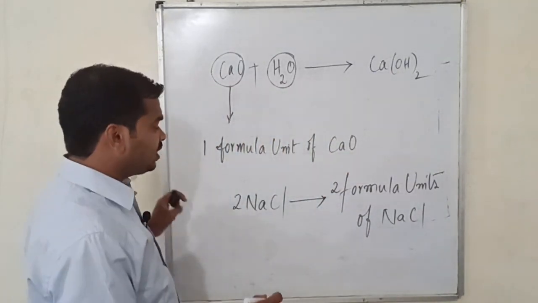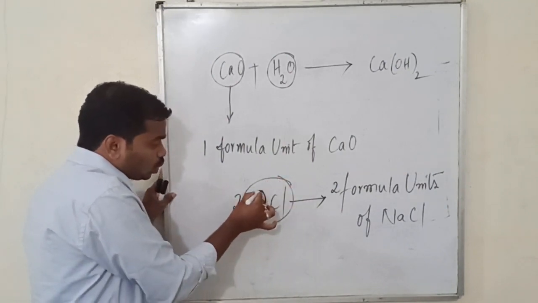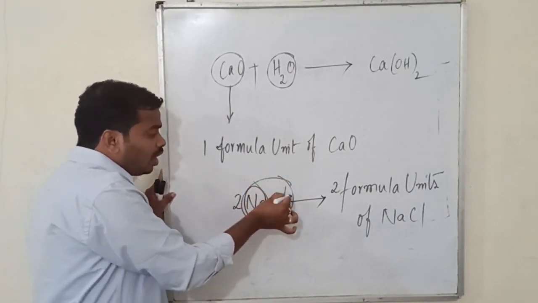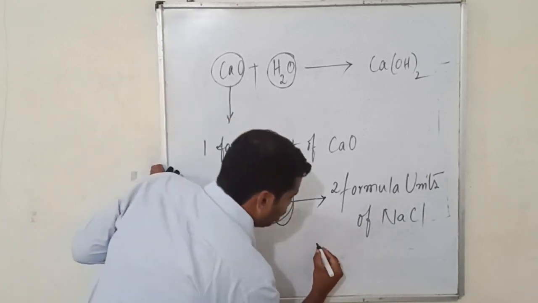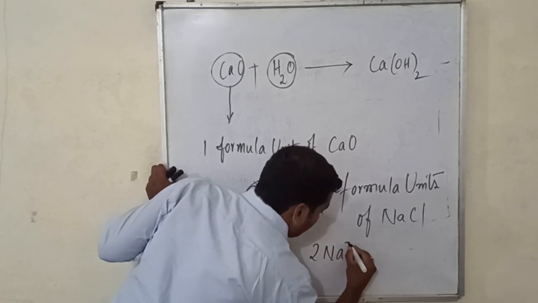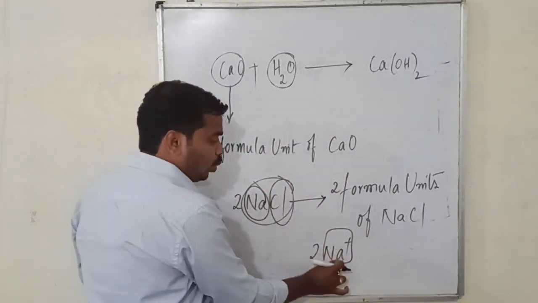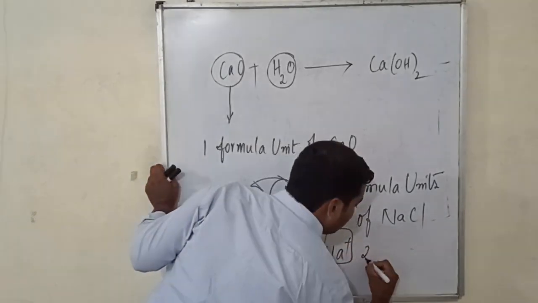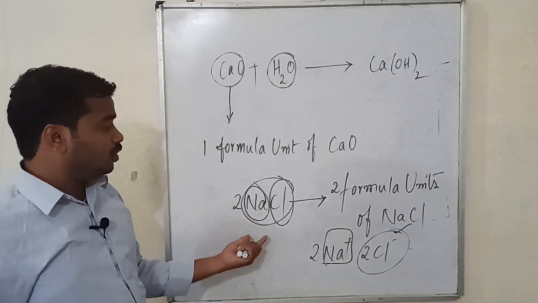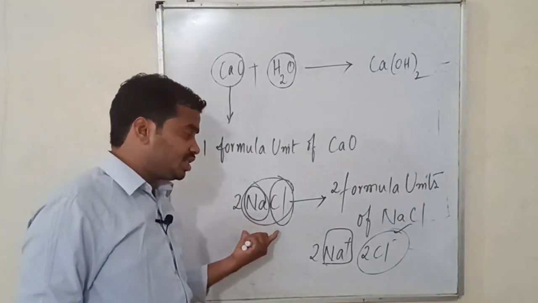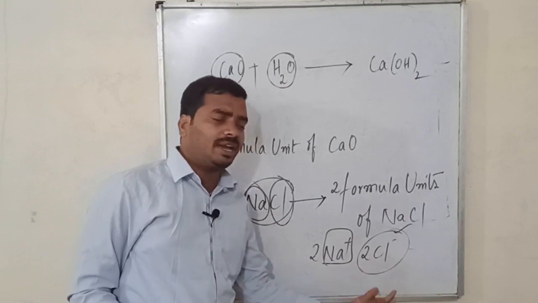That itself says two formula units of sodium chloride, in the sense 2 units of sodium atom, 2 units of chloride atom. That means 2 Na plus ions are present, 2 chloride ions are present. Combinedly, if two formula units of NaCl are said here, then 2 Na plus ions and 2 Cl minus ions are present.